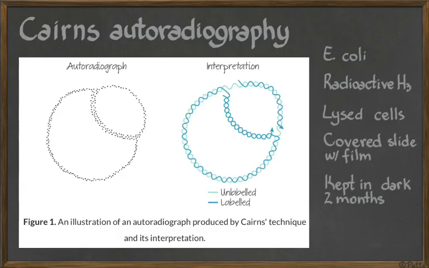The first stage of replication is going to see that you're going to have DNA that will be half radioactive, half not. So you're going to have that thin line over there. But then during the process of replication, you have this labeled DNA, the radioactive one, that's being copied over here, and it's thicker because now you have a double helix over there.